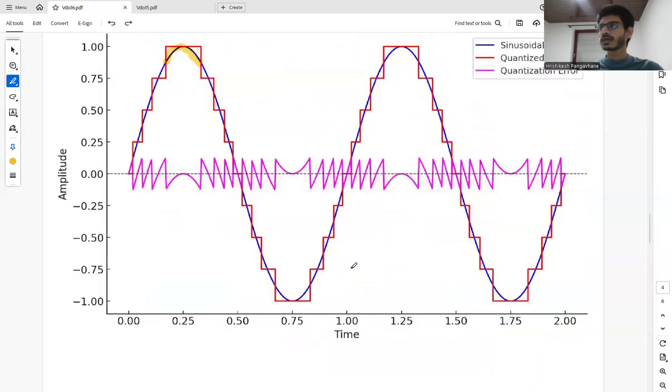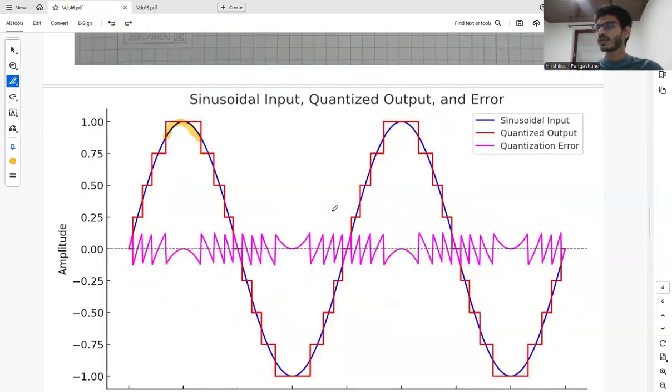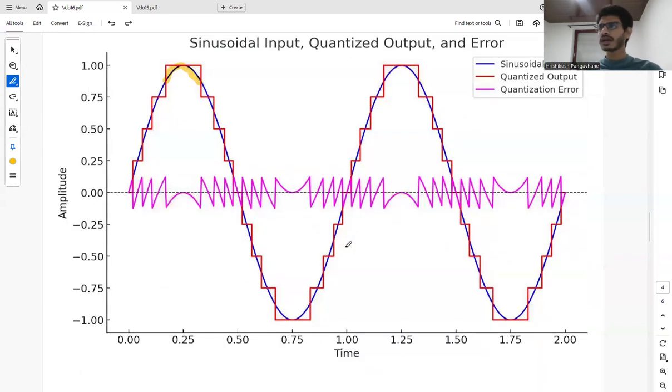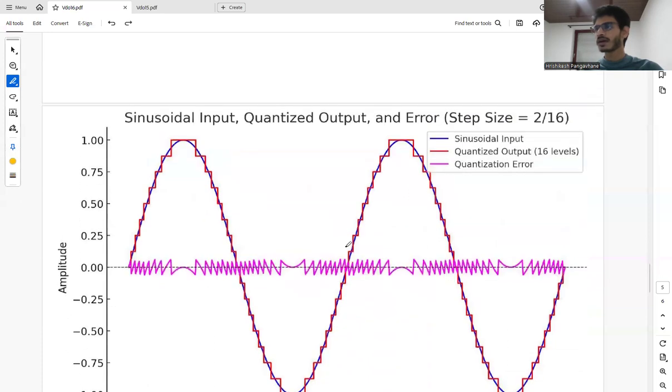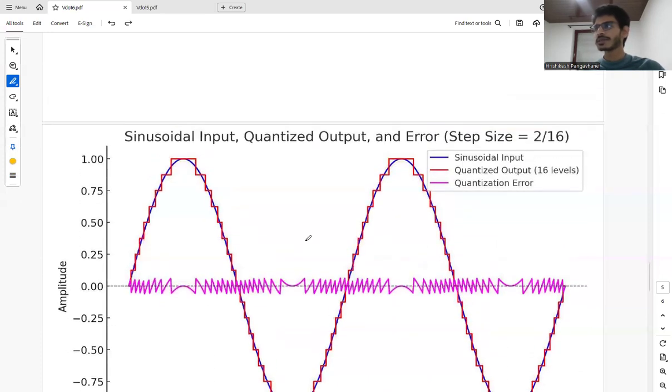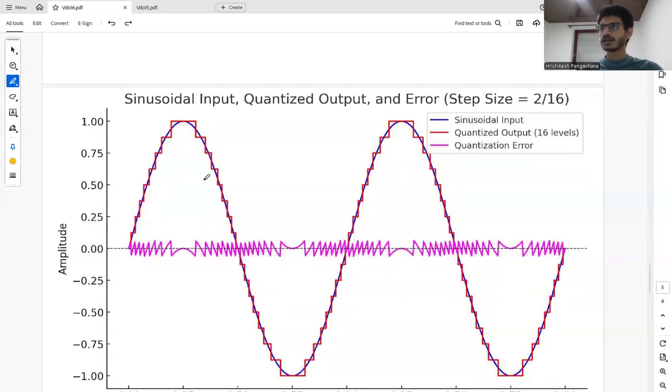This is for 2 to the power 3, a 3-bit quantizer, and we also have a 4-bit quantizer, where the step size will be 2 by 2 to the power 4. Again we have the sinusoidal input, the quantized output, and the noise.